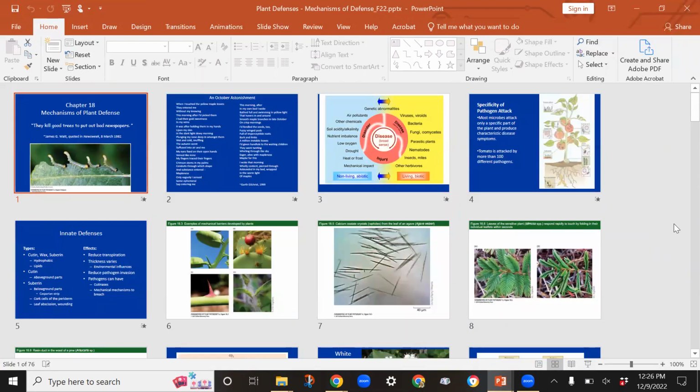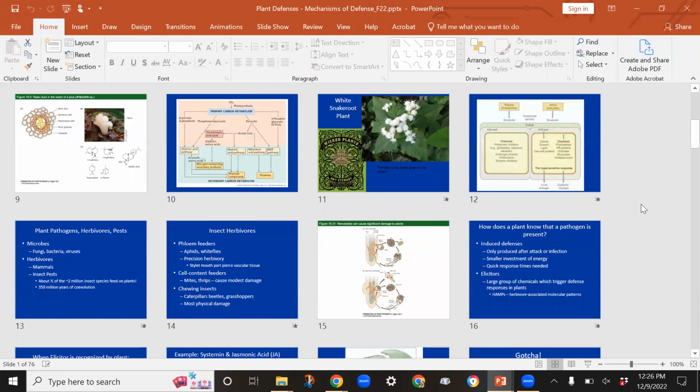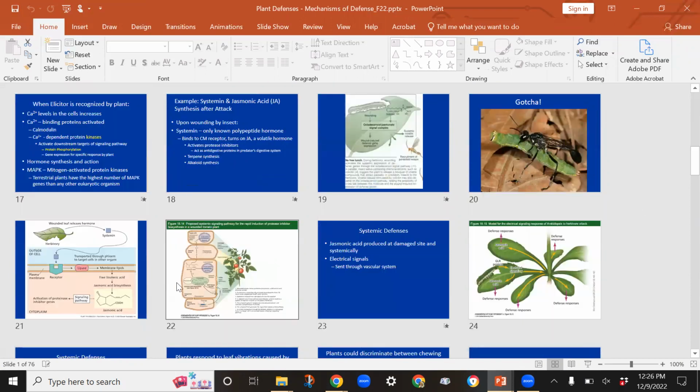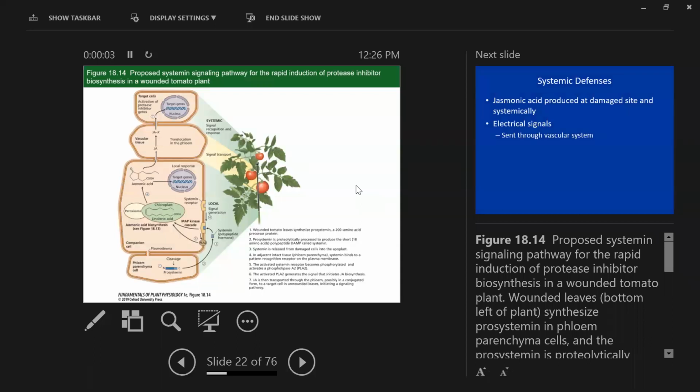And then the mechanisms of defense, I list out some figures that would be really good to study. So figure 18.14, this has a lot of the big picture idea all in one fell swoop.